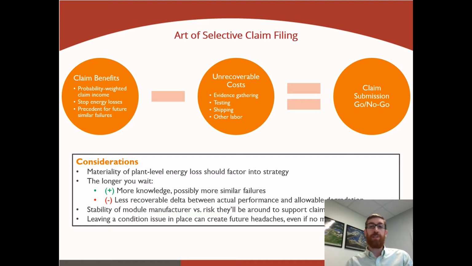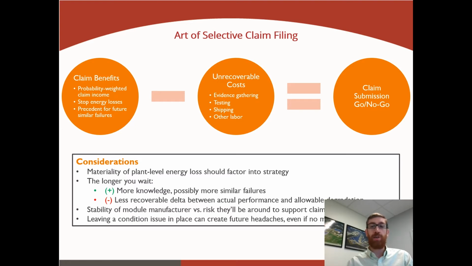And it's not always an automatic yes, we should immediately file a claim, because if there is a slight incremental degradation beyond the expected degradation, and so technically a single module would reach the level of warrantable, this doesn't always mean that the owner of that solar module will end up in the black when it comes to the money they'll have to spend to submit and adjudicate the claim versus what they might recover down the road. And so it's good to think through all of those inputs and outputs and decide, is this something that makes sense to file right away?